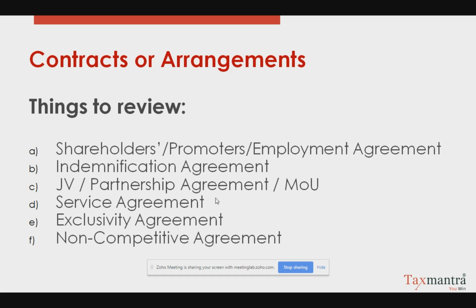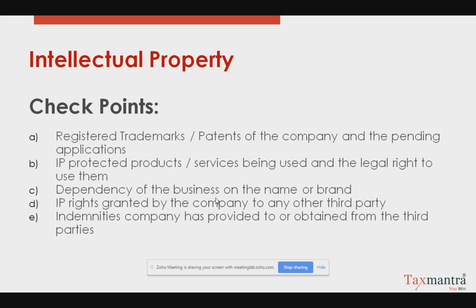The other one, this is again a very important one, and we have been seeing that there have been several litigations in intellectual property. So intellectual property has become a very important point from the investor's point of view, and we see that the founders have also started giving it importance as well.